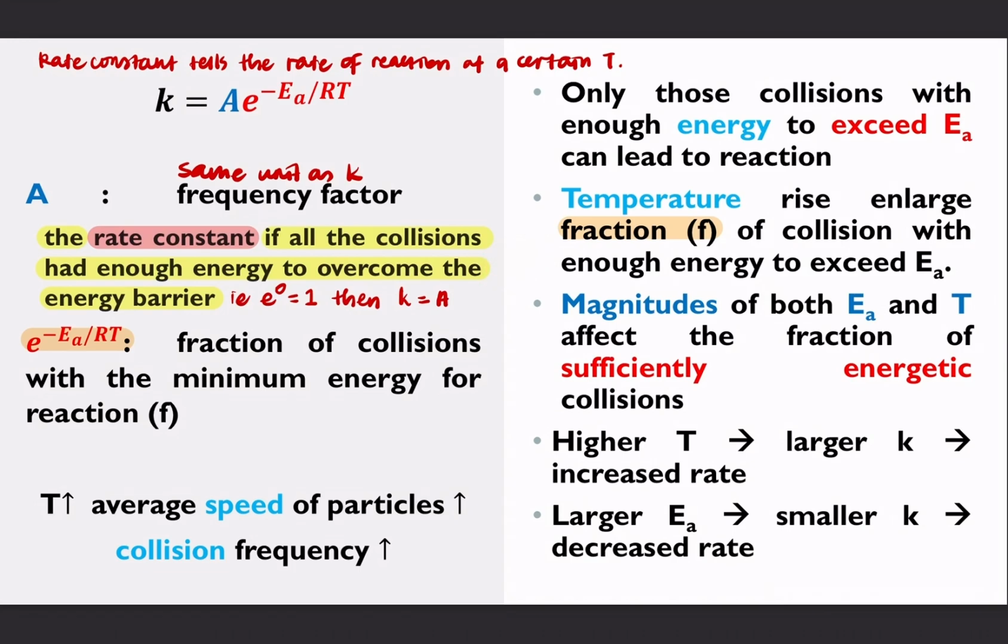So for your Arrhenius equation, if you increase your temperature, the average speed of particles will increase. Why is that so? Because when T increases, therefore your fraction will increase, so k will increase.